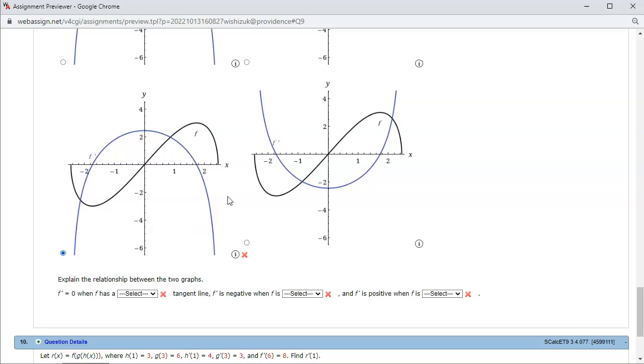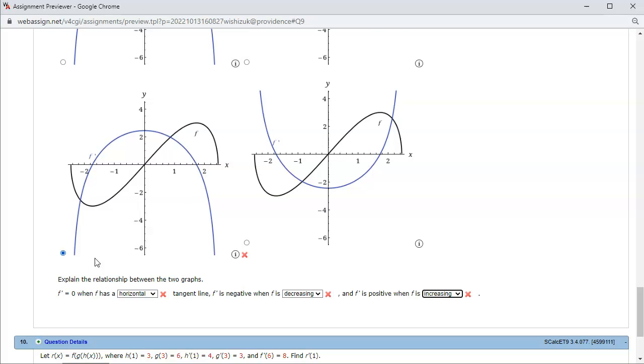It says explain the relationship between the two graphs. When f prime equals 0, then f has a horizontal tangent line. If f prime is negative, f is going to be decreasing. If f prime is positive, f is increasing. And we have that picture here.